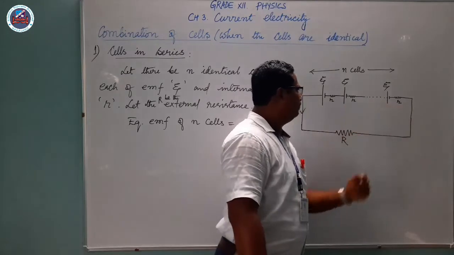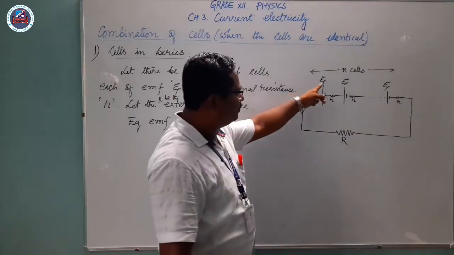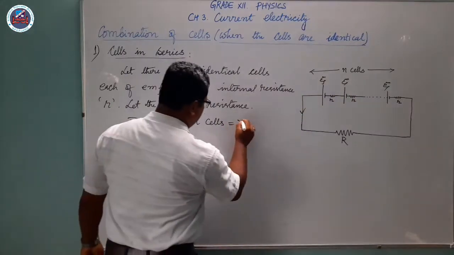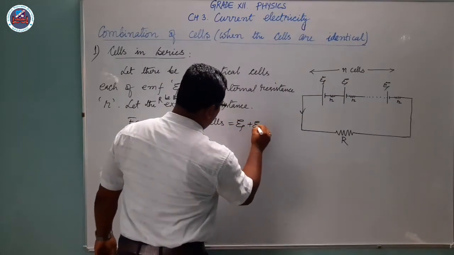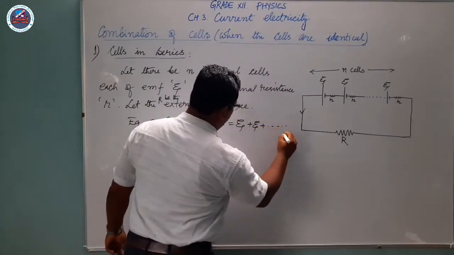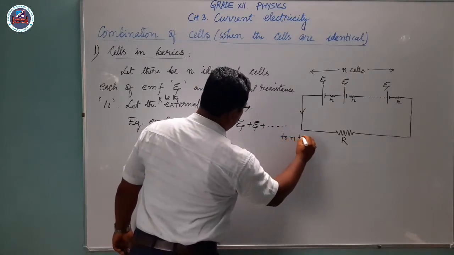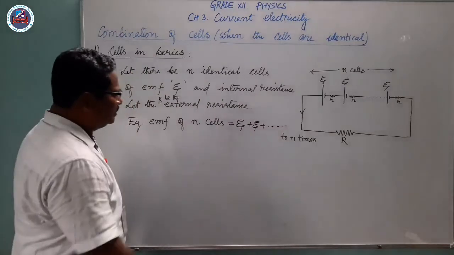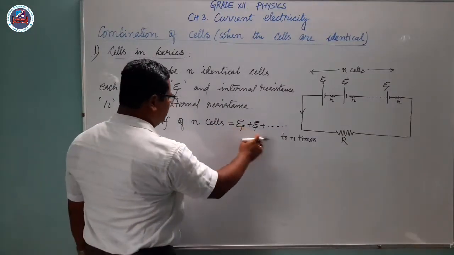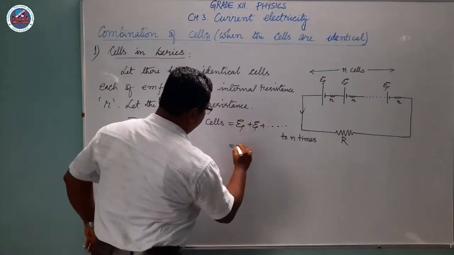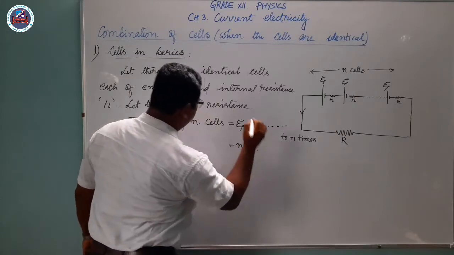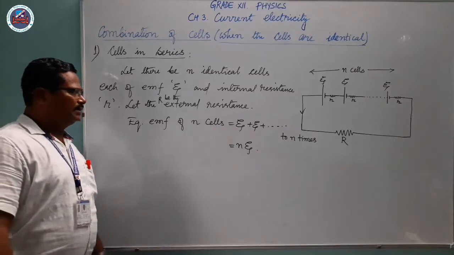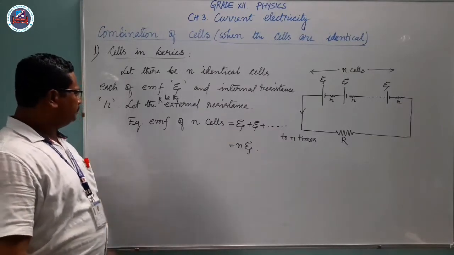We have to add them up. But as we are taking all of them to be equal, epsilon, you go on writing epsilon plus epsilon, up to n times, because we have n identical cells. If you sum up epsilon plus epsilon up to n times, it will give us n epsilon. So this will give us the equivalent EMF of n cells in series.